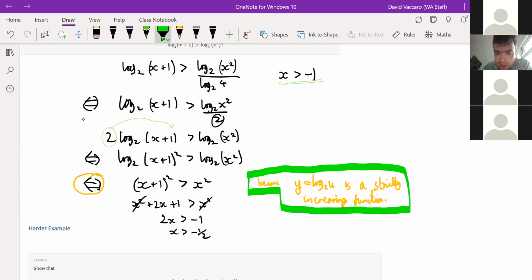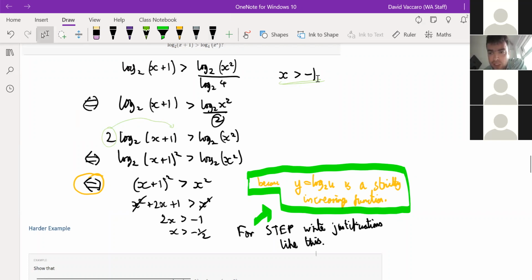And the moral here is, for STEP, write justifications like this. Okay.